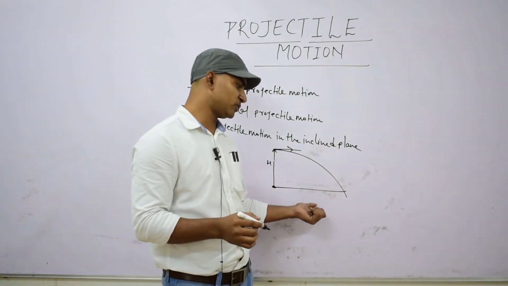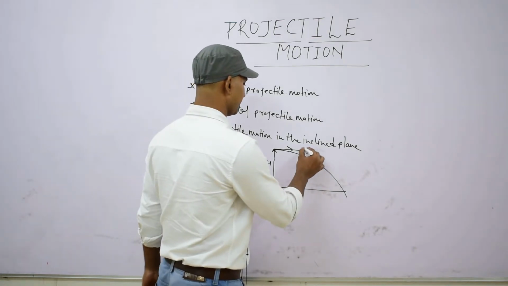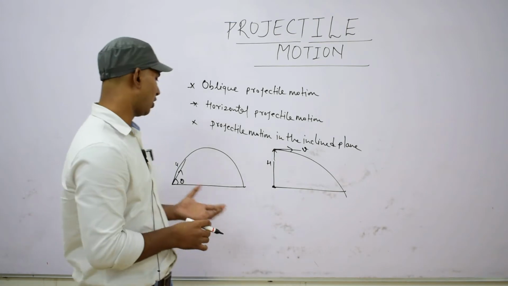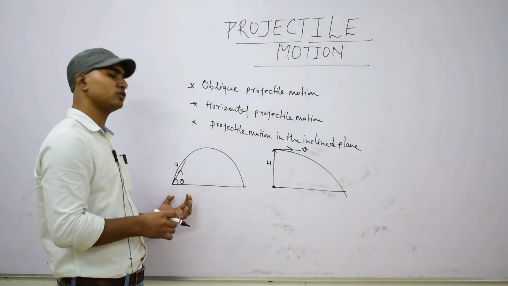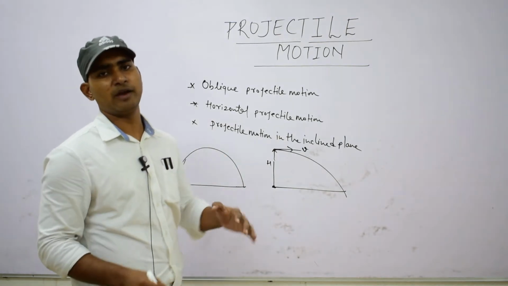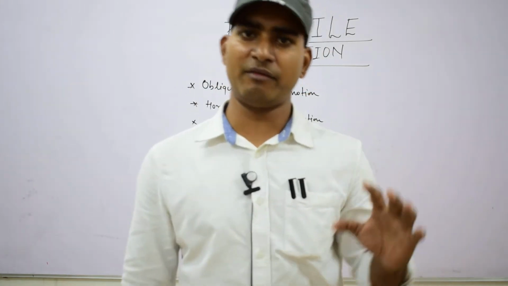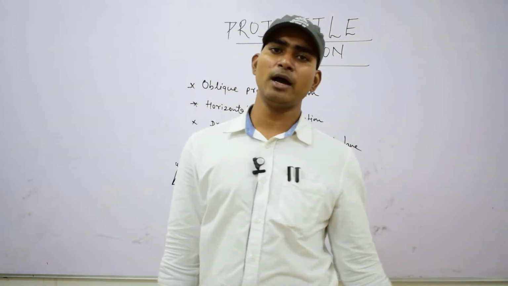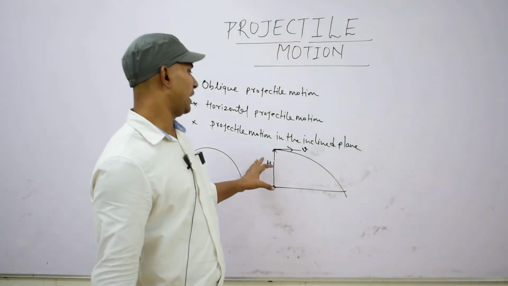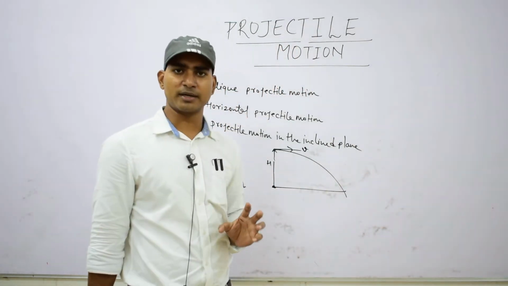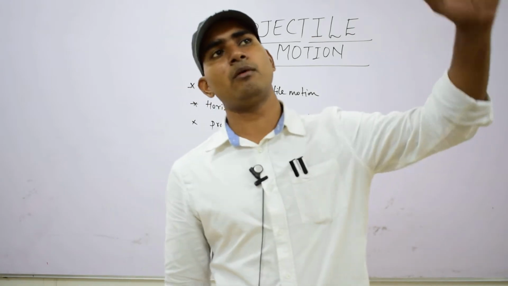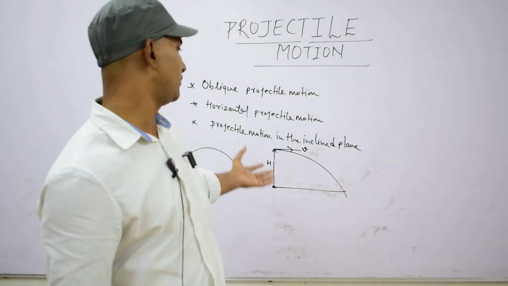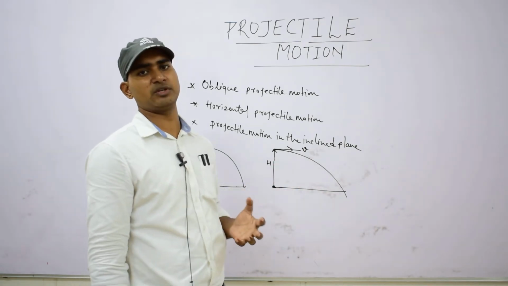So this kind of projectile motion is called horizontal projectile motion. In an oblique projectile motion, the body is thrown from the ground and moves under the effect of gravity in the atmosphere, and after that it comes down to the earth surface. For the horizontal projectile motion, the body is thrown from a particular height in the horizontal direction only. So it will move like this. This is our horizontal projectile motion.